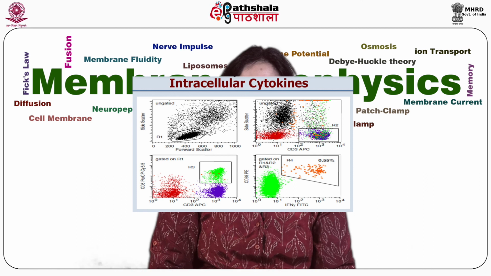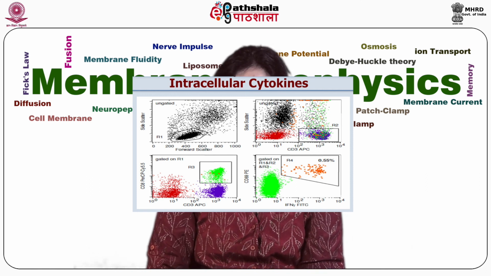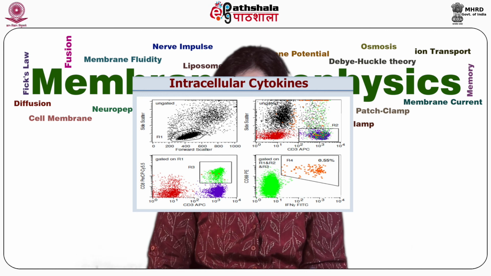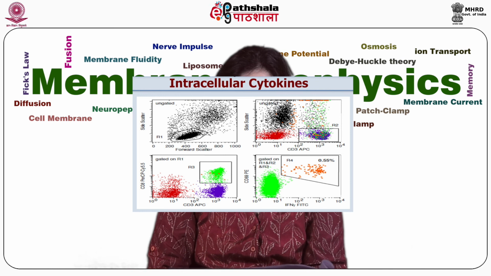Flow cytometry is instrumental in deciphering the functional status of immune cells. In this example, interferon gamma cytokine positive activated cytotoxic CD8 positive T cells have been shown. The lymphocytes were gated on forward scatter and side scatter, that is the R1 gate, and further gated on CD3 positive, CD8 positive T cells, the R3 gate.